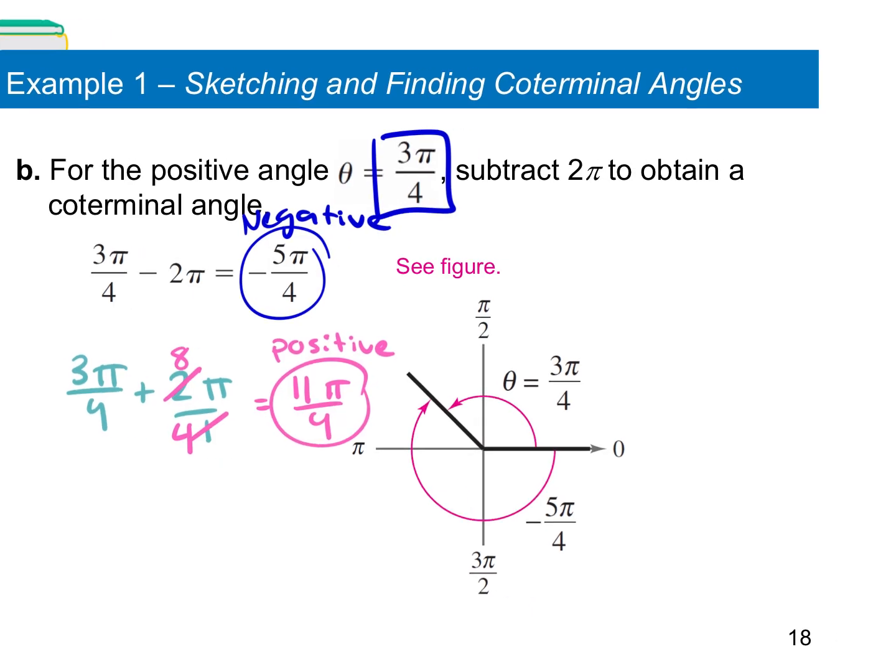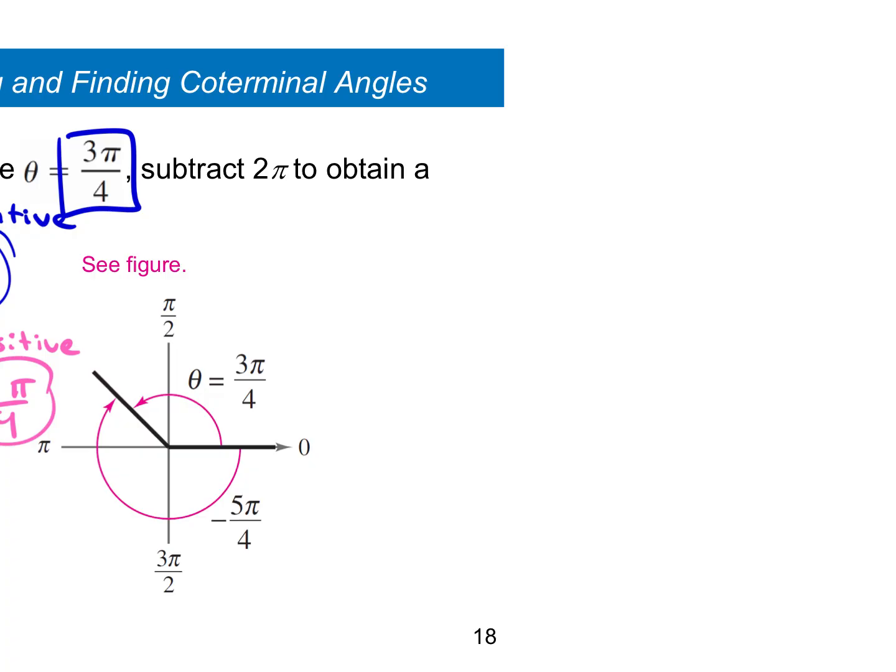What if it gave us degrees? What if it said, let's go 60 degrees. How would I find a positive coterminal angle for 60 degrees? We're going to talk about converting in a second, but to find a coterminal angle, let's leave it in degrees. What's the equivalent to adding or subtracting 2 pi? 360.